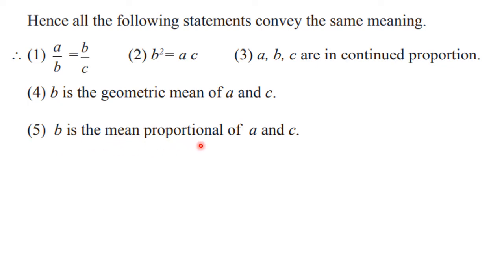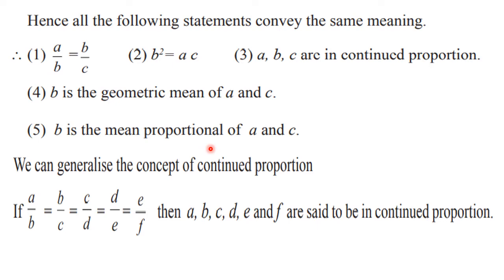B is the mean proportional of A and C. So all these 5 statements convey the same meaning that A, B, C are in continued proportion. Square of the middle term is equal to the product of the remaining 2 terms. In that case, the middle term is called the geometric mean or mean proportional of the remaining 2 extreme terms. Okay.